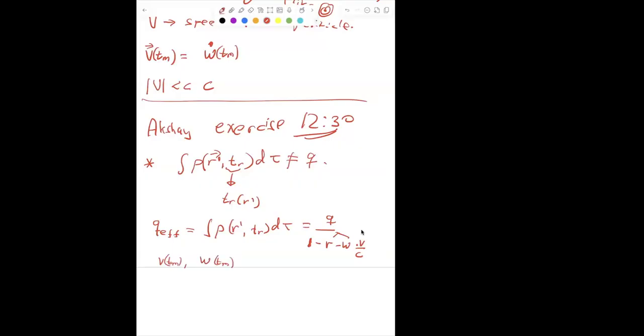So given the velocity of the particle and the position, this hat is a unit vector. You see this object here is dimensionless.